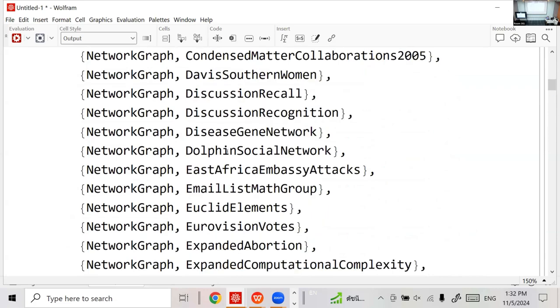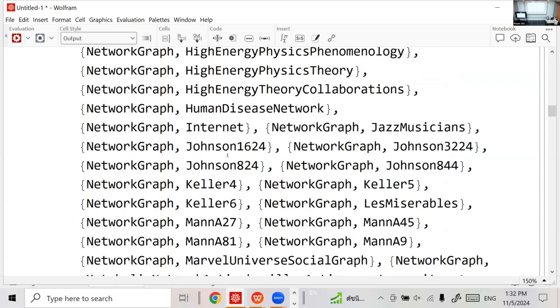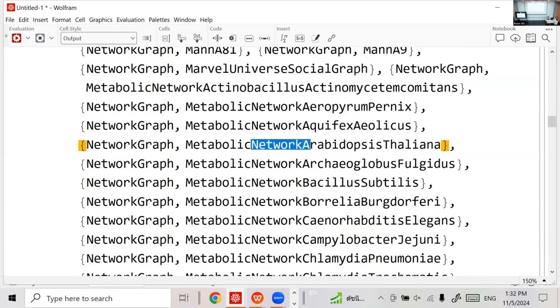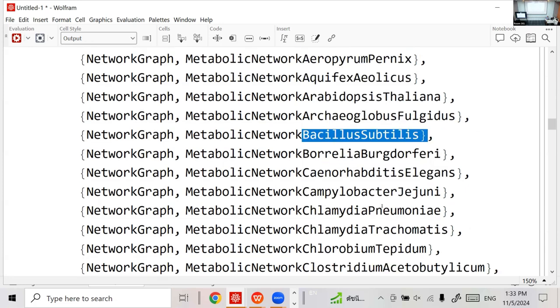But then you come down here, you start to see things like metabolic network. There it is, right? See that I mentioned to you before? The thing that I want to work on is metabolic network. That's what happens inside your body, how your body uses energy to do things. In this case, it happened to be a metabolic network of some bacteria.